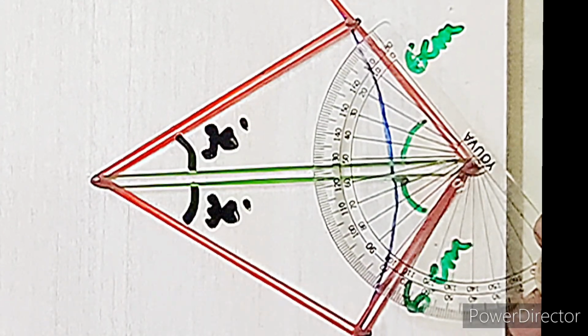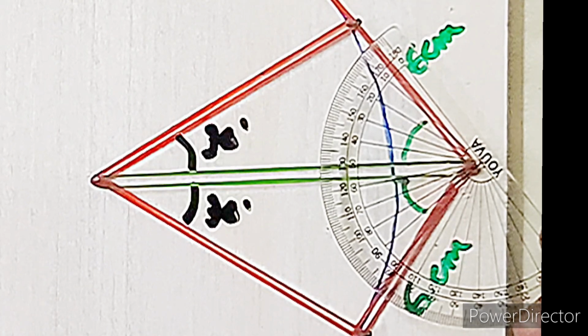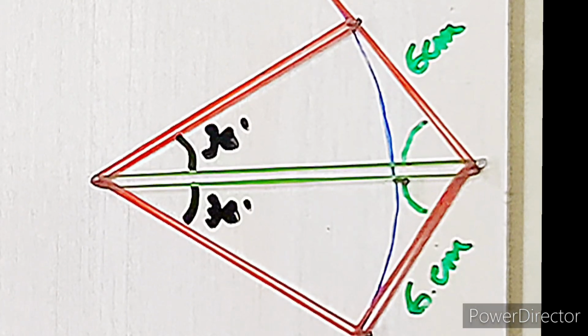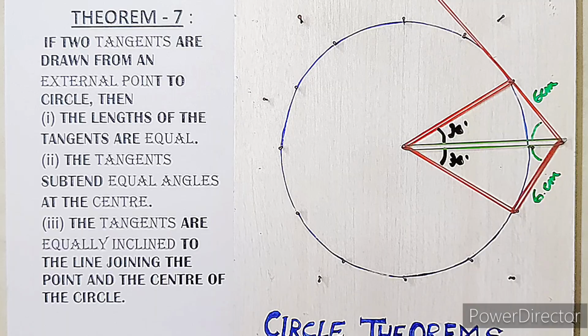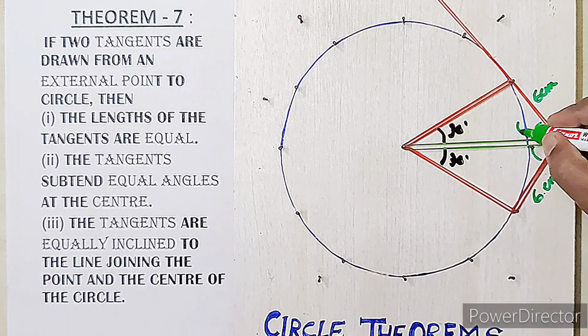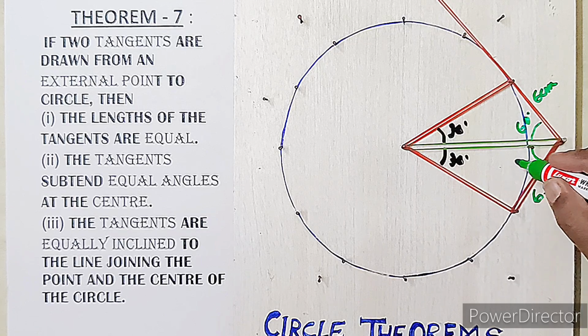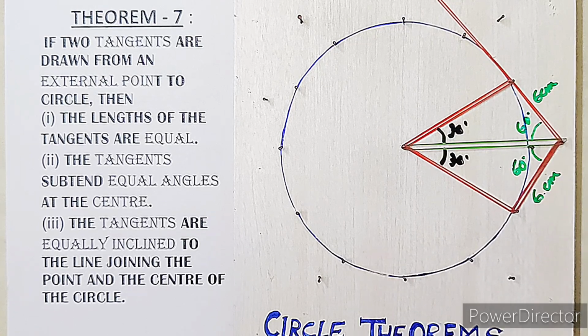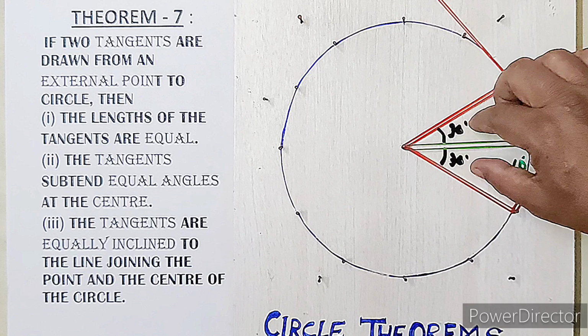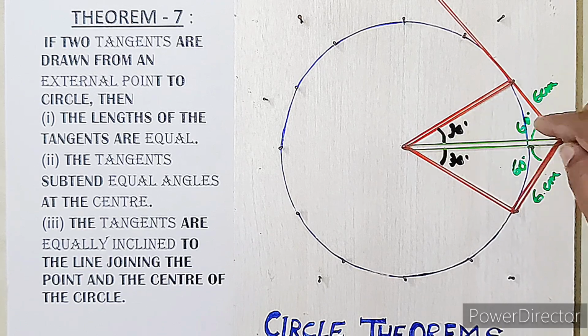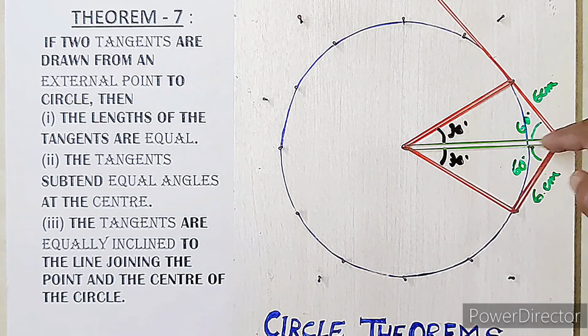So we are getting 60 degrees. Exact will not come because the lines using a rubber band are not perfectly straight. So here I am getting 60 degrees, and here also I am getting 60 degrees. So all the 3 parts are verified: the lengths of the tangents are equal, the angles made by the tangents at the center are equal, and the tangents are equally inclined to the line joining the center.